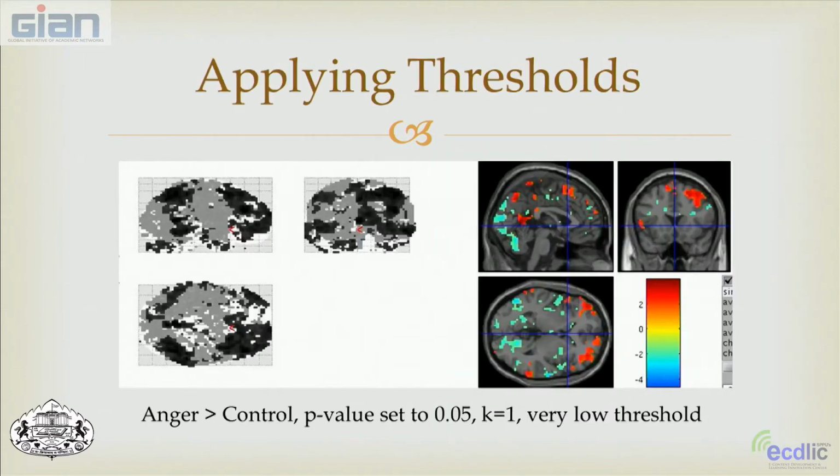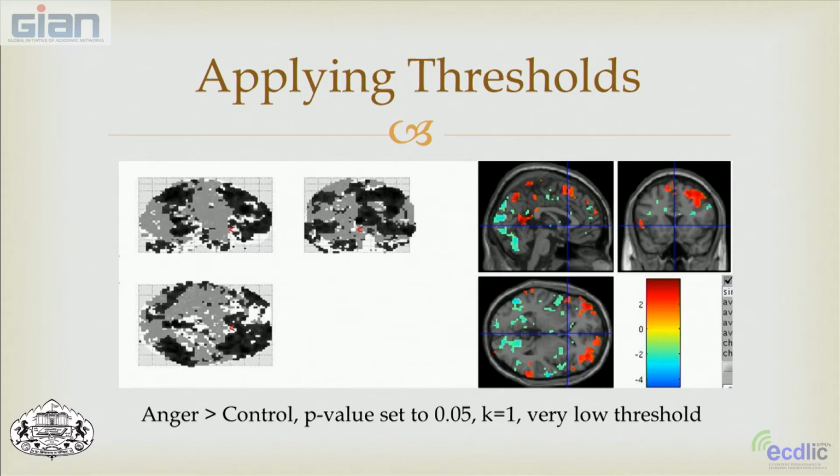Okay, so we're looking at anger is greater than control here. And we're going to set our p-value to 0.05, which is a fairly liberal p-value. And we're going to select our cluster size to be 1. So this will limit how big our clusters can be. So at a size of 1, we can see single voxels activated, and we're not putting any limitations on how many voxels have to be contiguous together.